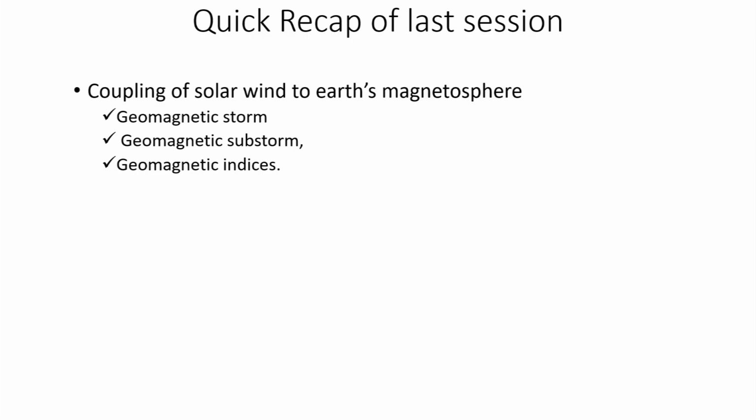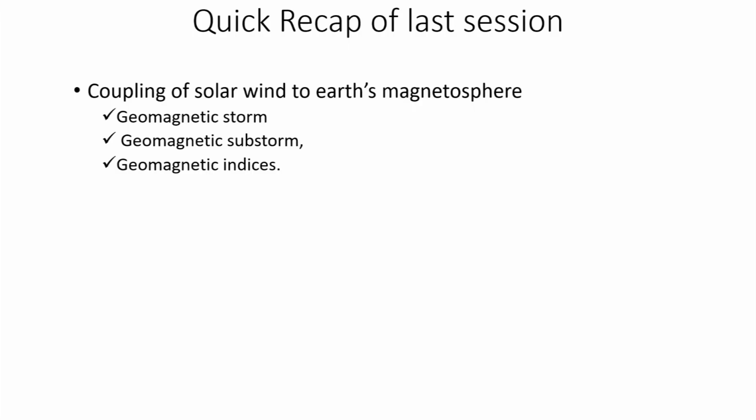Along with this, we discussed the different metrics to know the magnitude of the geomagnetic storm, that is the geomagnetic indices like K index, Kp index, then Dst and so on. So, these are the different indices we discussed.